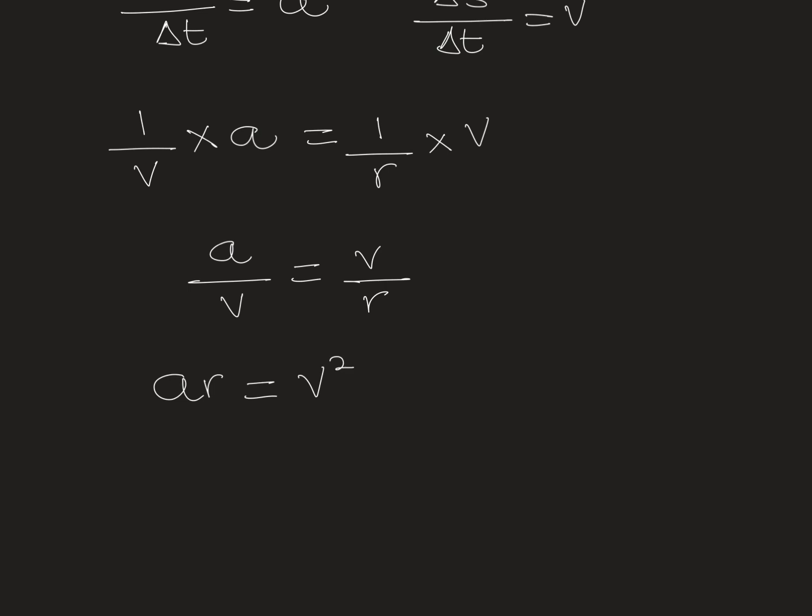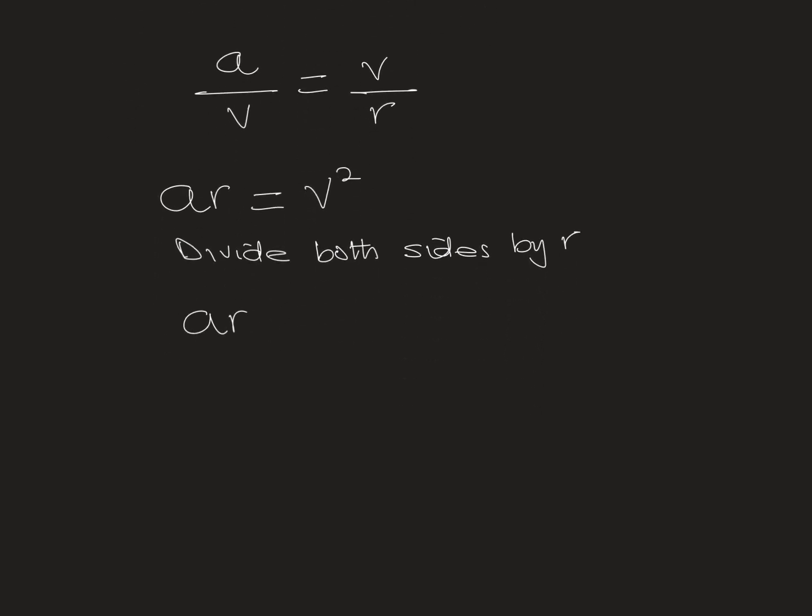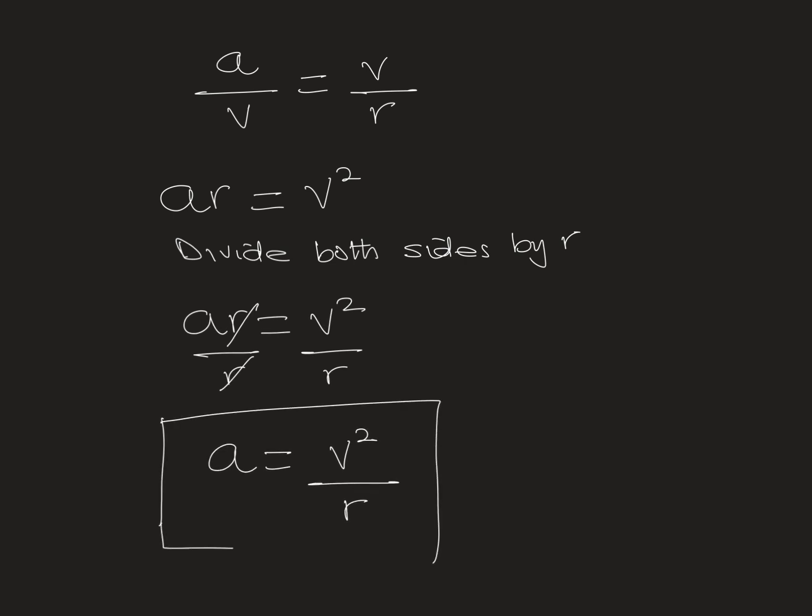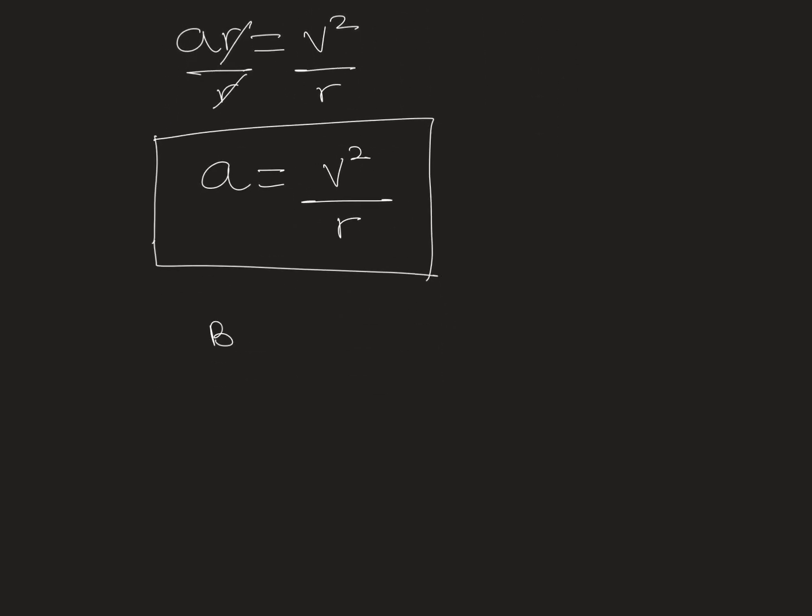So to find the acceleration, you divide both sides by R. If you have AR equal to V squared and you divide both sides by R, you are going to have A is equal to V squared divided by R. So that is how we have the centripetal acceleration equal to V squared divided by R. But we know that V is equal to omega R. If we substitute that into this equation, we get another equation for acceleration.